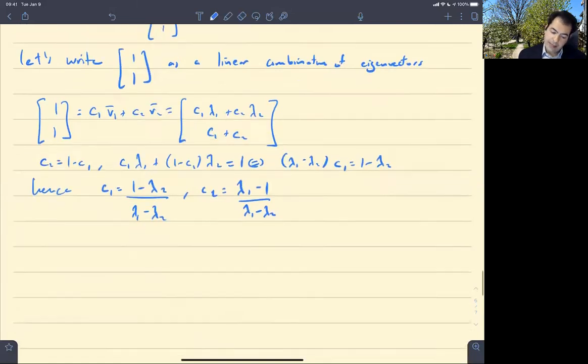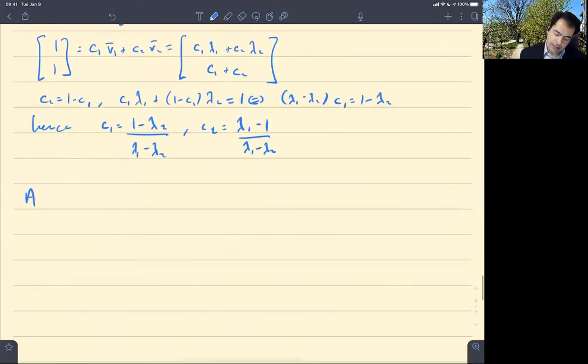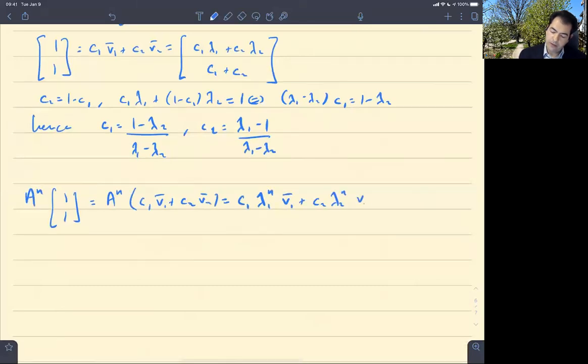Okay, and A to the n applied to the vector (1, 1), right, is A to the n applied to C1 V1 plus C2 V2. So it's C1 lambda 1 to the n V1 plus C2 lambda 2 to the n V2.